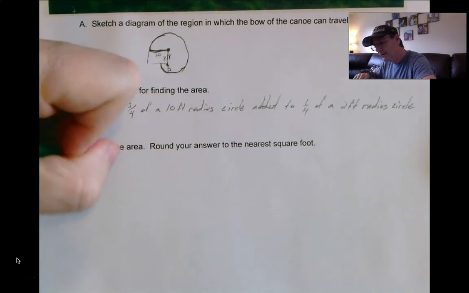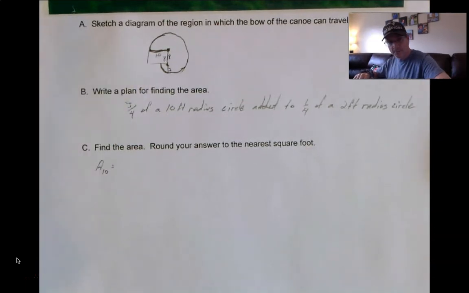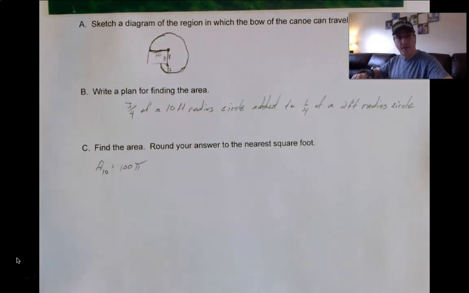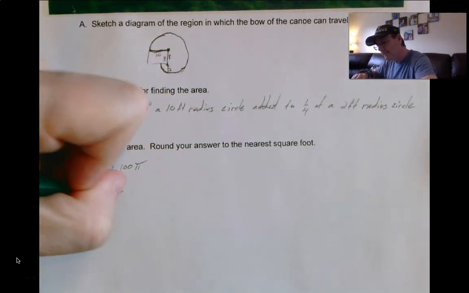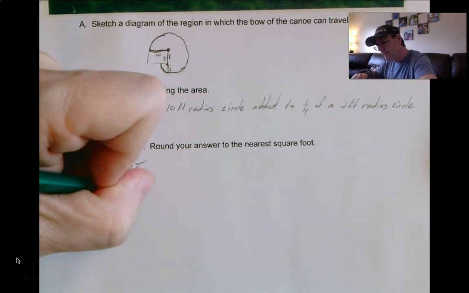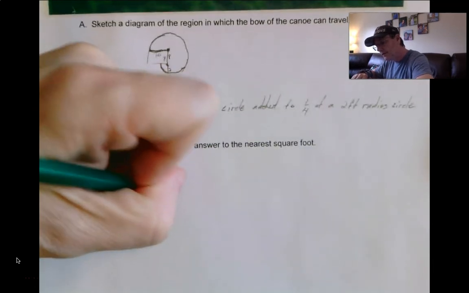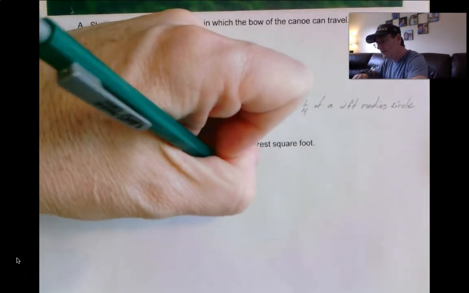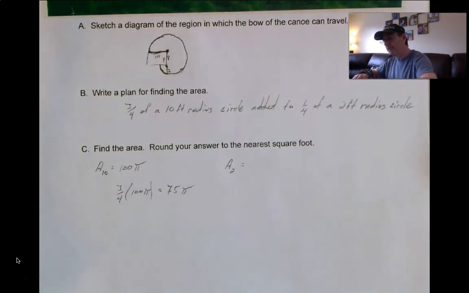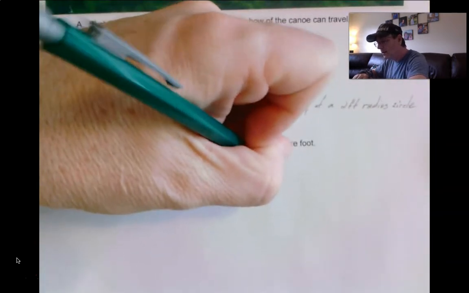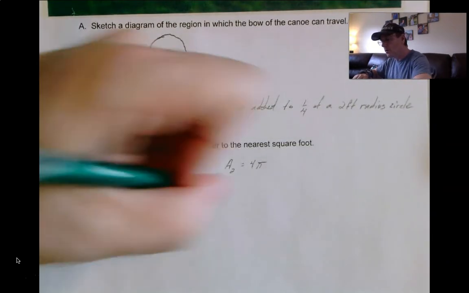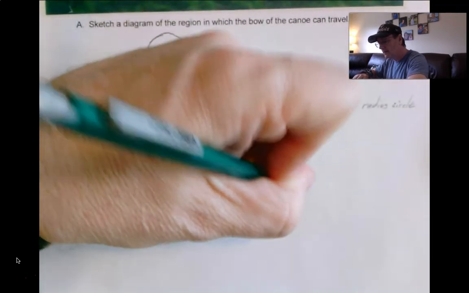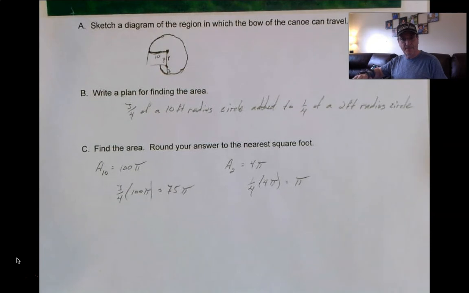So the area of the 10-foot circle is going to be 100 pi. 3/4 of that is 75 pi. Area of the 2-foot radius circle is 4 pi. 1/4 of that is equal to pi.